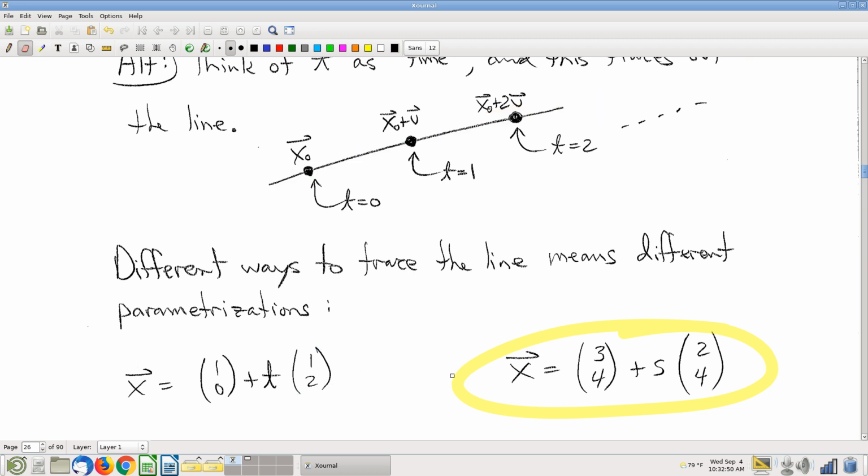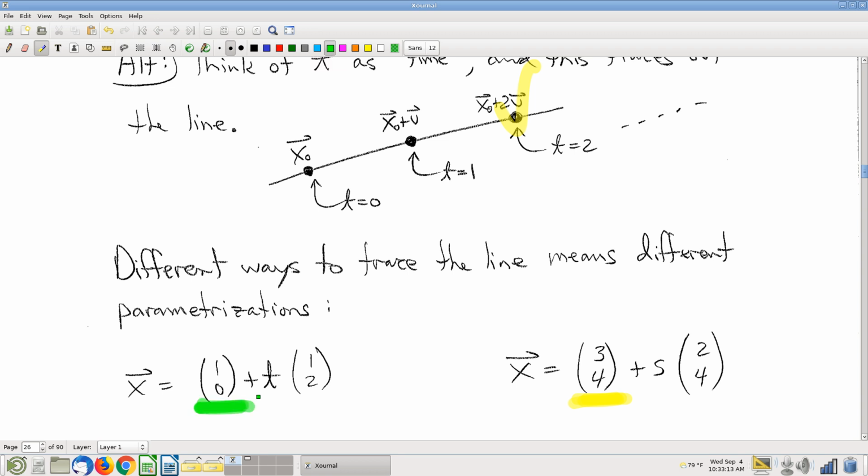I'm just doing so with a greater velocity vector here compared to a shorter velocity vector there. I also start at a different point here. I'm starting at 3, 4, which is starting there, as opposed to over here.